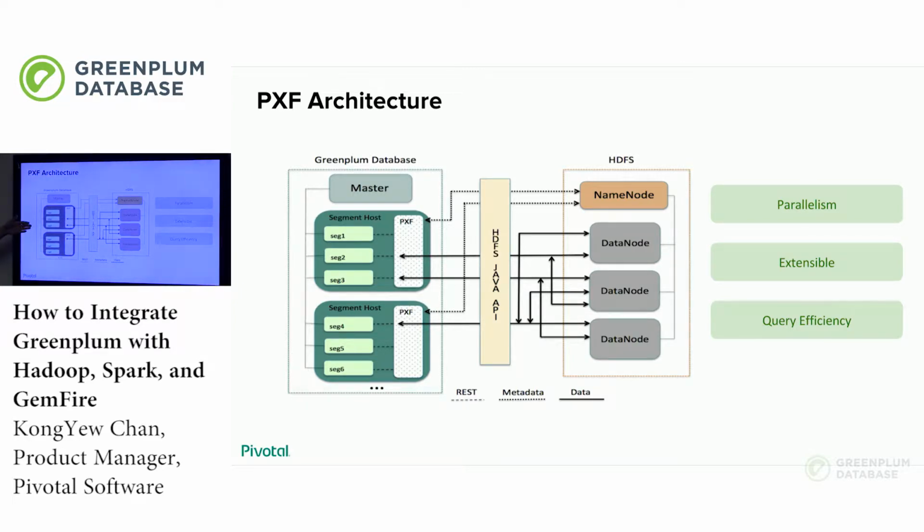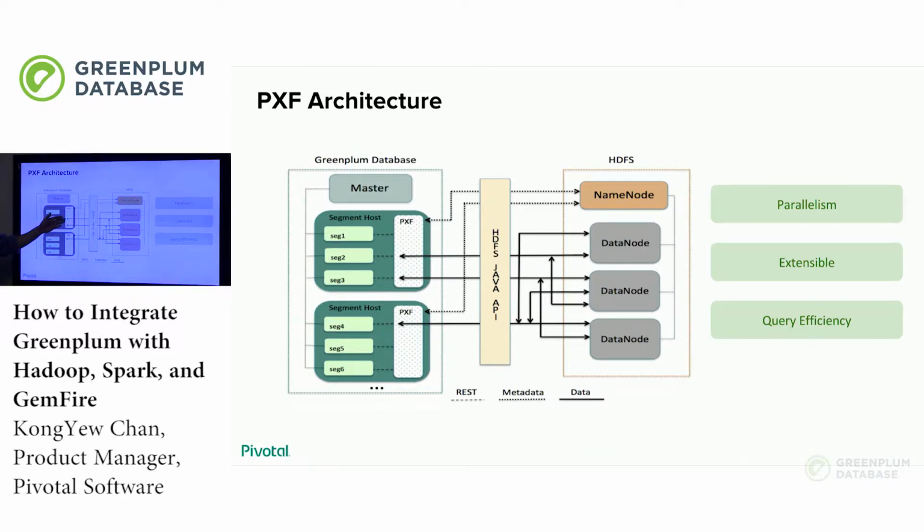Segment hosts are physical machines, and on each segment host you have segment processes running. What we'd like to show is how we parallelize data transfer from the Hadoop file system. We have a PXF daemon that runs on the segment host, and the segment host knows how to communicate with the Hadoop file system.